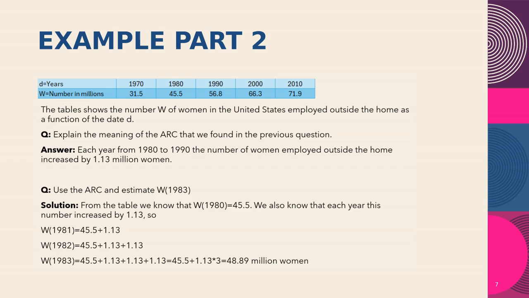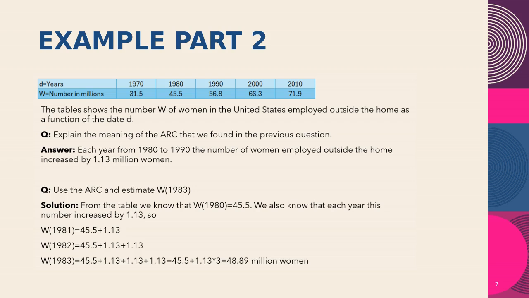Now, we need to use the average rate of change and estimate the value of W in year 1983. From the table, we can see that the value of W in 1980 is equal to 45.5 million. And we know that each year that number of women increased by 1.13 million.